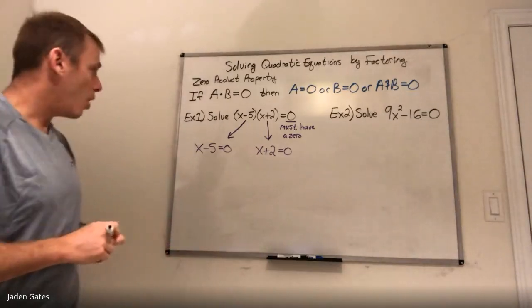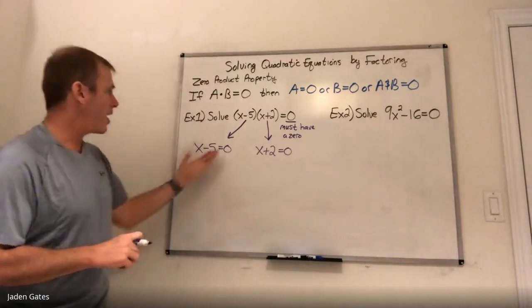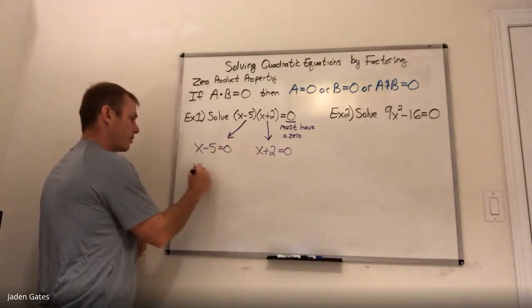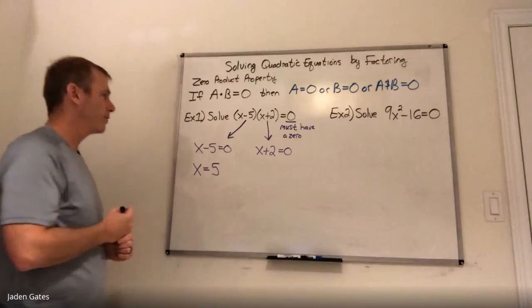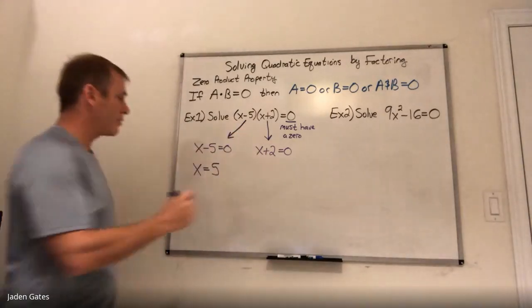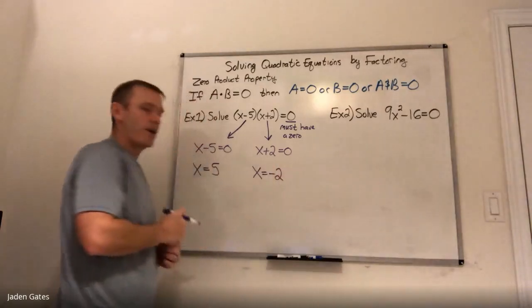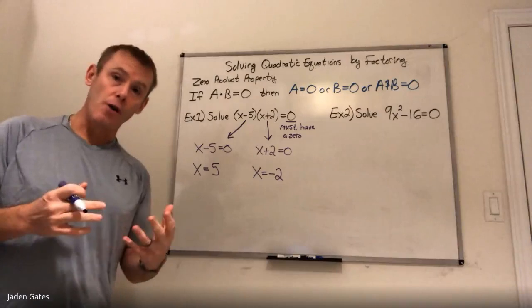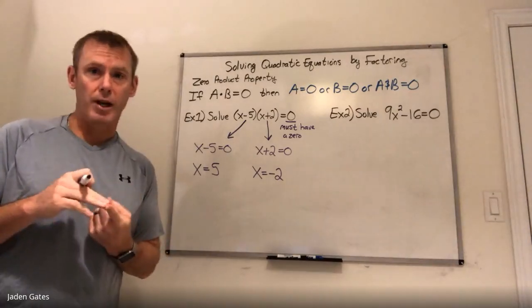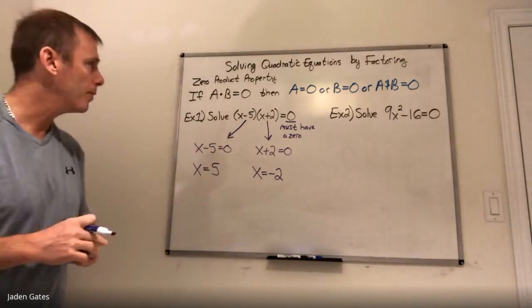All the zero product property is doing is giving us two equations, and I solve both. If I bring the negative 5 over to the other side, I get a positive 5. Bring the 2 over, I get a negative 2. And there are my two answers. With a quadratic equation, you can get two answers, one answer, or no answers, but most of the time you get two.